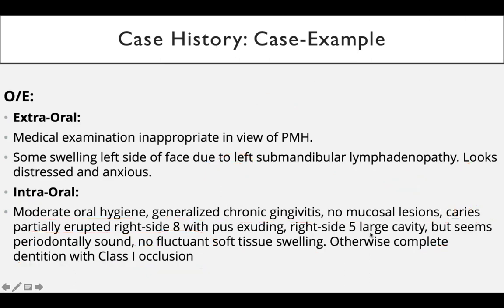And then right side 5, meaning the 5th in the row on the patient's right. The 5th in the row means central incisor, lateral, canine, first premolar, second premolar, so this must be the second premolar. And 8 is definitely the third molar.